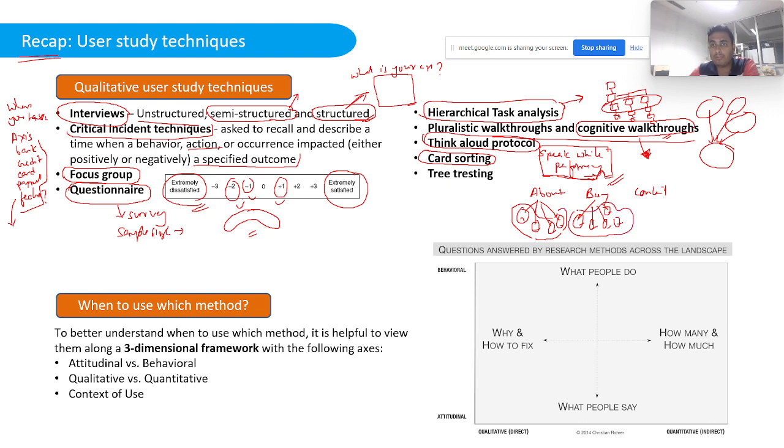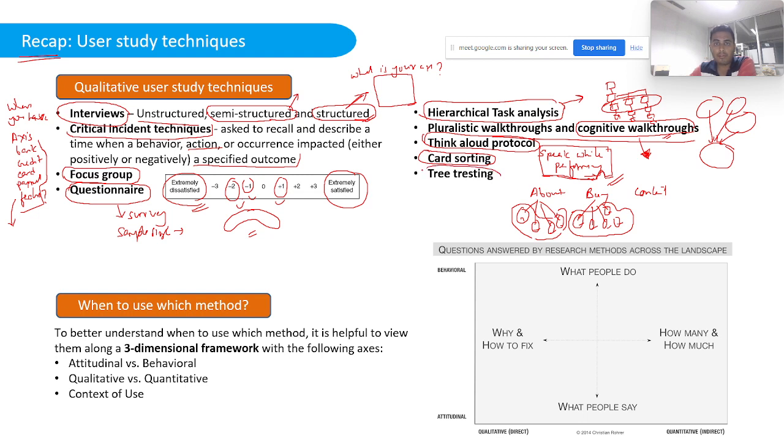So you do this for many users, for different user profiles, and then you collect the aggregate understanding of these groups, which helps you to design your websites. So this is what card sorting is.